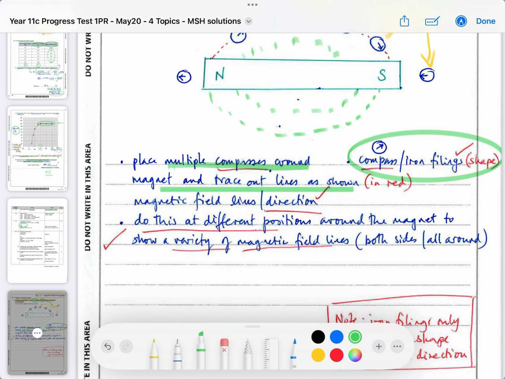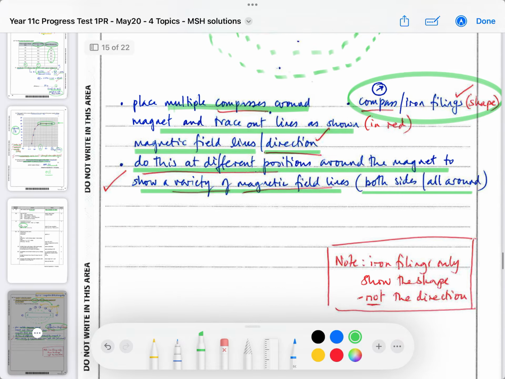These are the magnetic field lines, and the fact that you mentioned that the compass allows you to determine direction will get you a 2nd mark. And then doing it in further detail will get you the 3rd mark. So do it at various positions around the magnet to show a variety of magnetic field lines, both above and below the magnet.